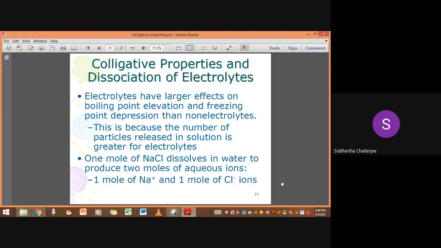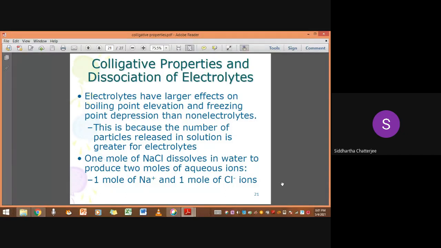So always remember, in comparison with the normal non-electrolytic substances, there will be no association or dissociation of those chemical substances when you are adding them to the solvent. So in that case, what will be the expected colligative properties?